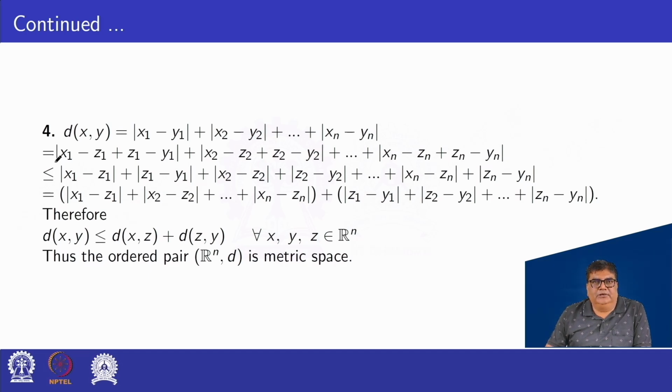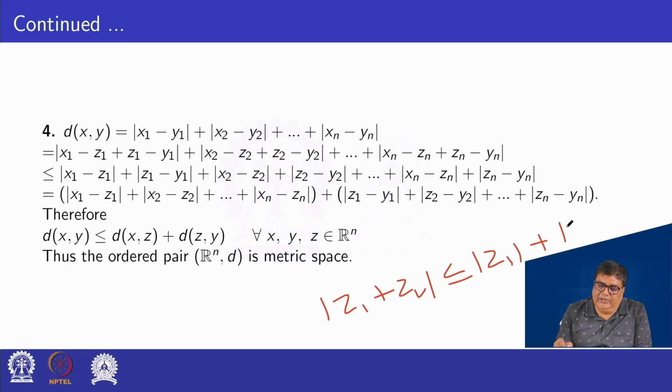So this term can be written as less or equal to modulus of x1 minus z1 plus z1 minus y1. This is the modulus of the two terms. Okay. So we know that modulus of z1 plus z2 less or equal to modulus of z1 plus modulus of z2.